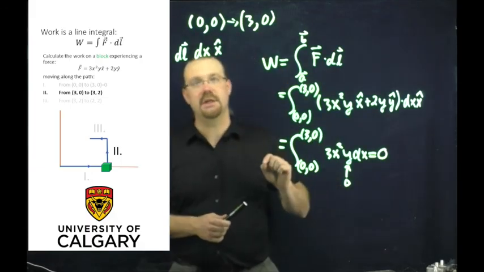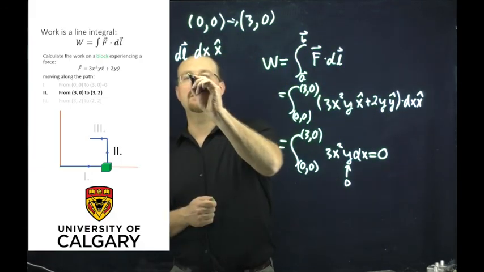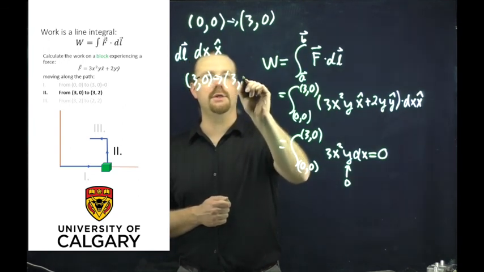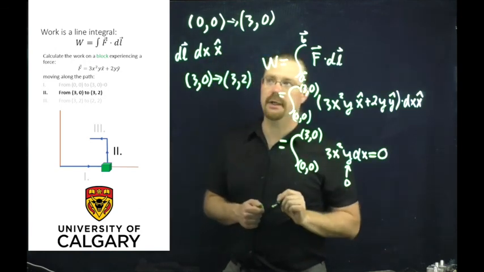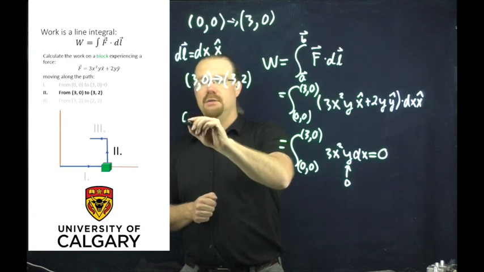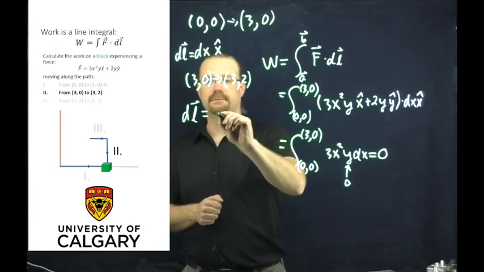Our next piece is the piece that goes up. And that piece that goes up goes from 3, 0 up to 3, 2. And because we're going straight up, our dl is actually going to be in the y hat direction.